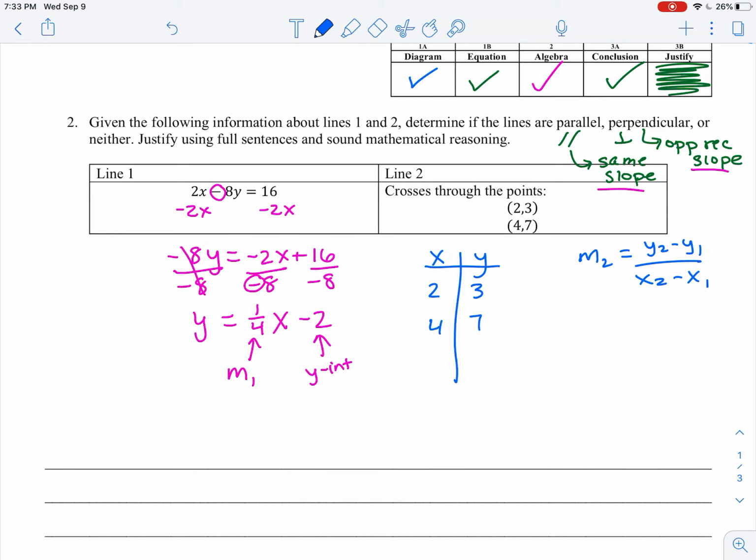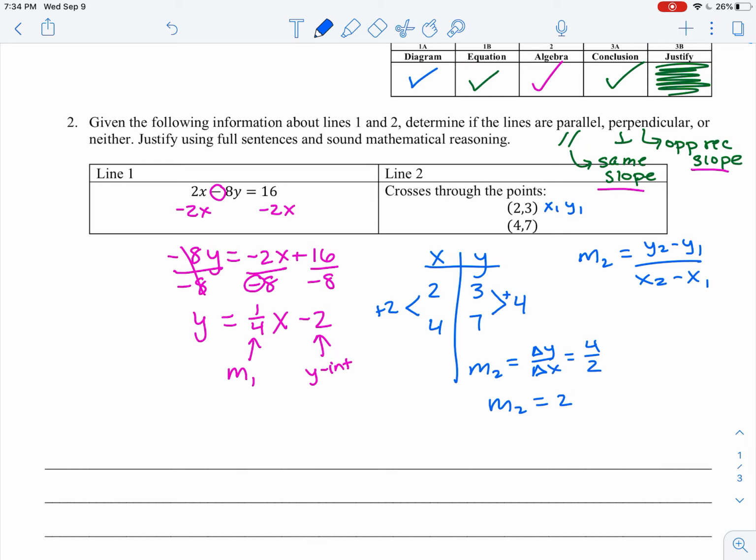In the table format, you're looking at the change in the y, so that was up 4, right? And the change in the x, so that was +2. And your slope is the change in the y divided by the change in the x, so 4 divided by 2, which is 2.